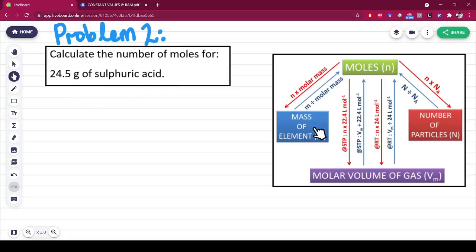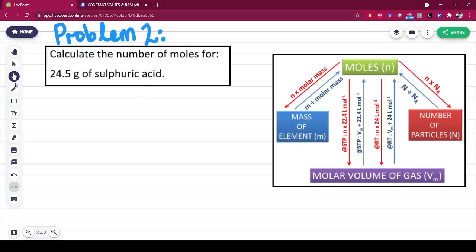And as you can see in the mole map here, if you want to move from mass to the number of moles, you have to take into consideration the molar mass of the species that is given to you in a specific question. In this case, we have sulfuric acid. So if you do not know how sulfuric acid looks like, it's going to be a problem.